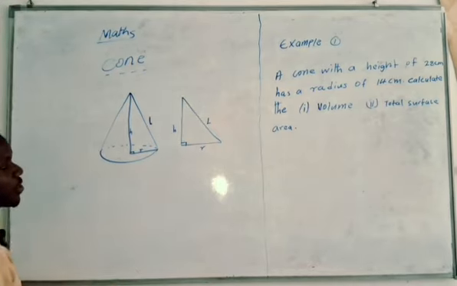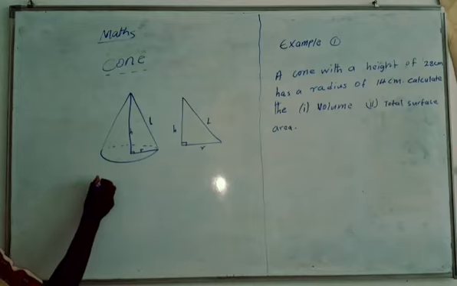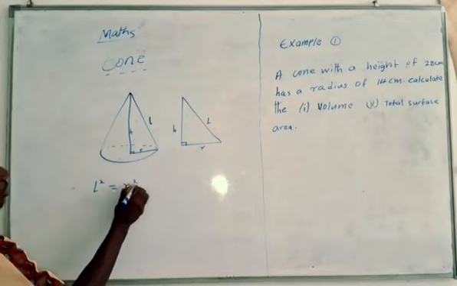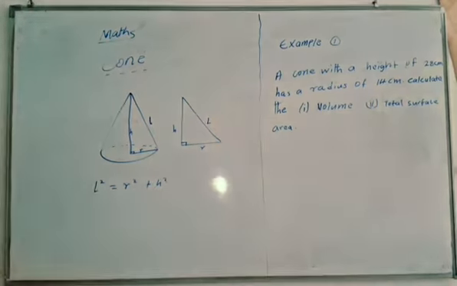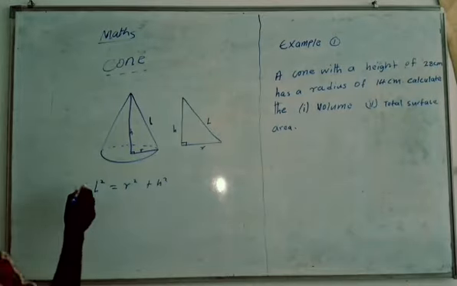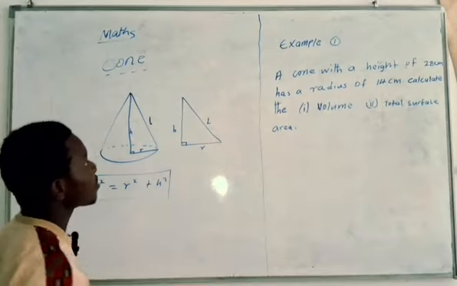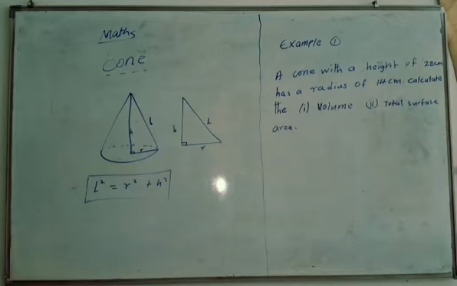From the Pythagoras theorem, the hypotenuse squared, L squared, is equal to the radius squared plus the height squared. So this is our formula. This one will be more important when it comes to solving questions under cones. But let's look at how we can derive the formulas for a cone.